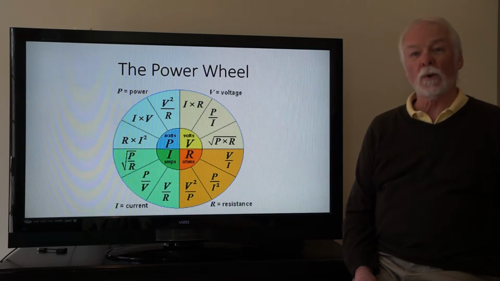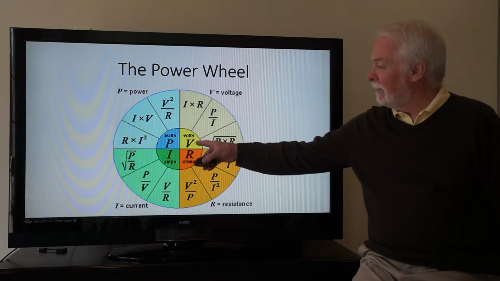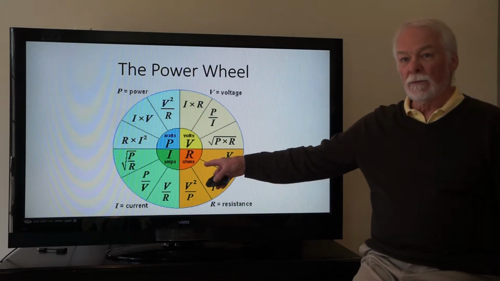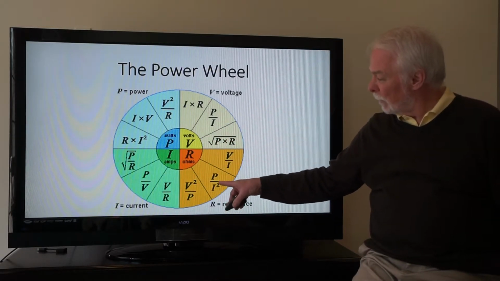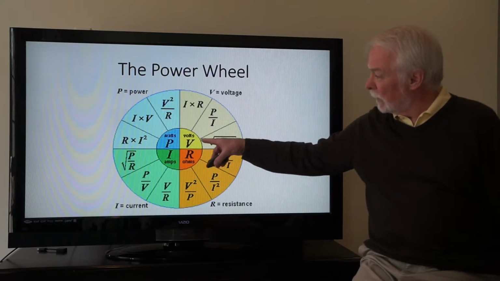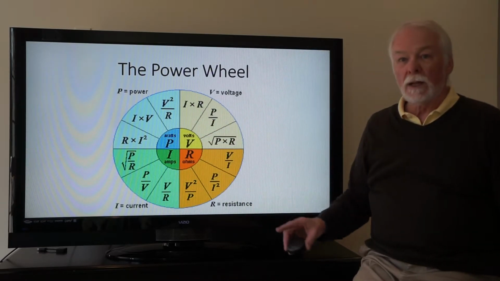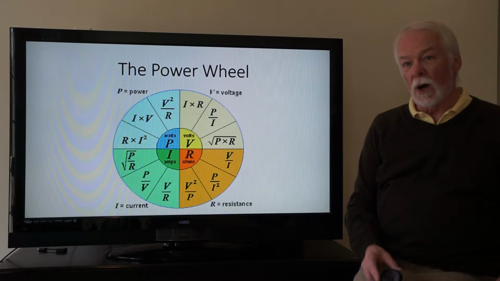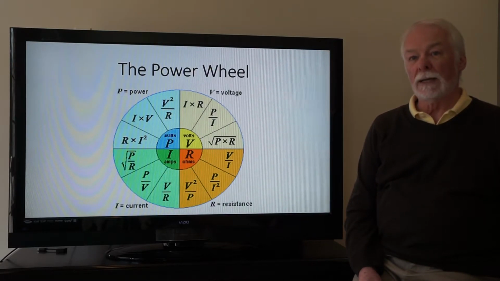For each of the four quantities, P, V, I, and R, 3 different formulas are given for each one. And those formulas use all the other quantities.